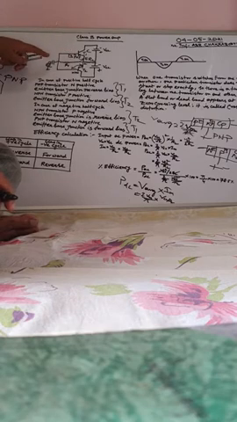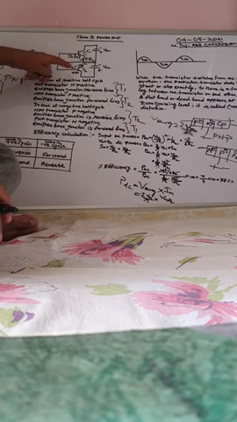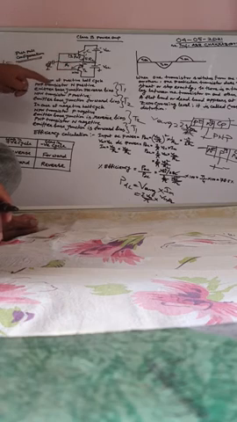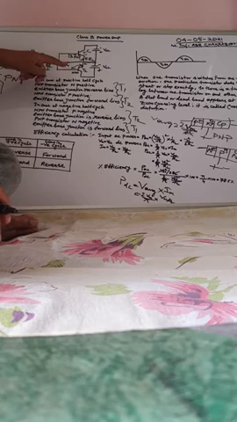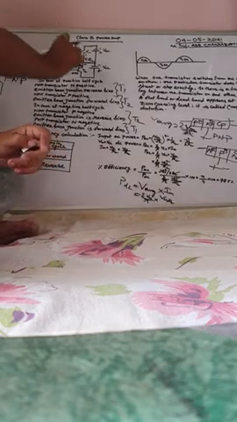So T1 is off because the emitter base junction is reverse bias. The same positive polarity is applied to the P part of the NPN transistor.